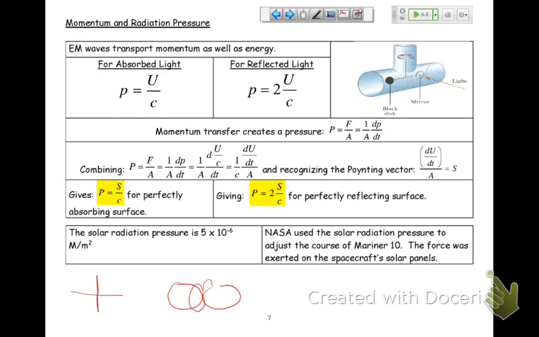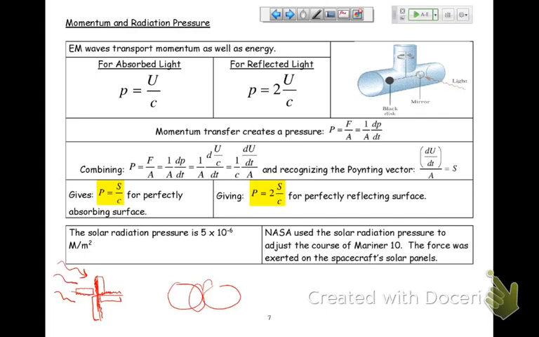You paint one side black and the other side white, and the same for each plate. And you shine sunlight on it, and the thing starts to spin.